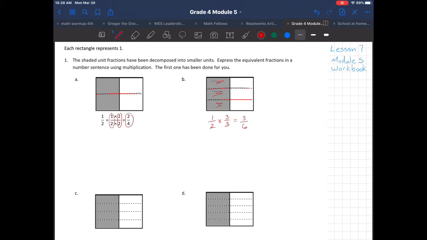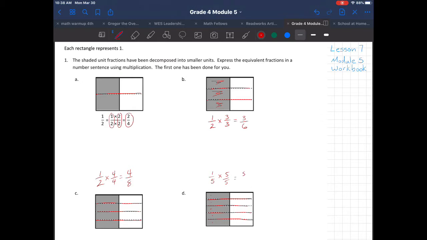For C, they drew 1, 2, 3 lines, making 4 times as many pieces. We still had a half. We have 4 times as many pieces. Equals 4/8, which is equivalent to a half. D, we drew 1, 2, 3, 4 lines, leaving 1, 2, 3, 4, 5 times as many pieces.